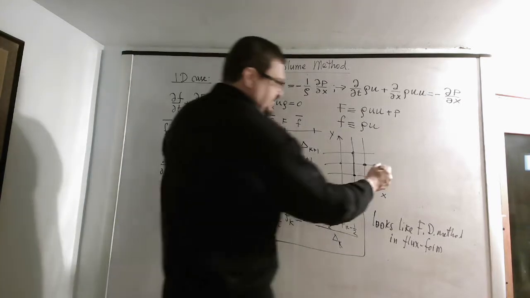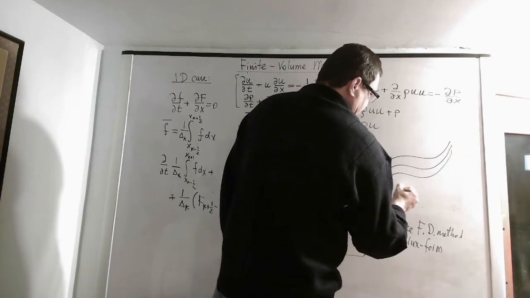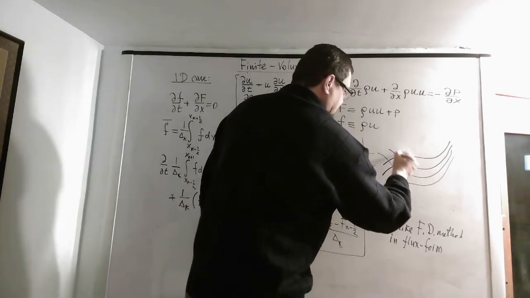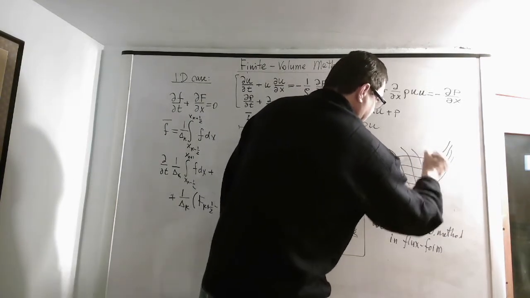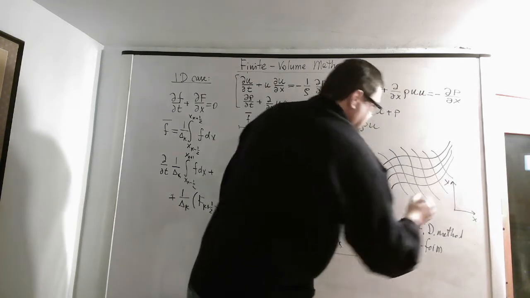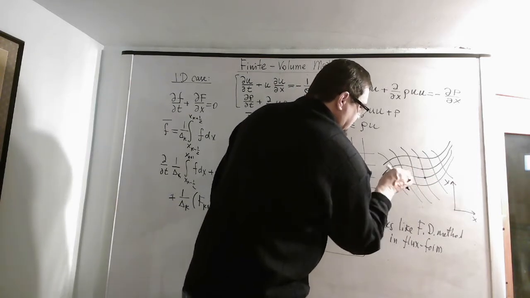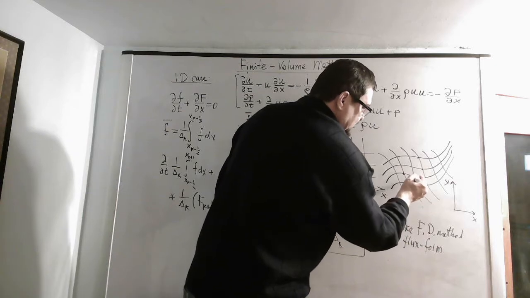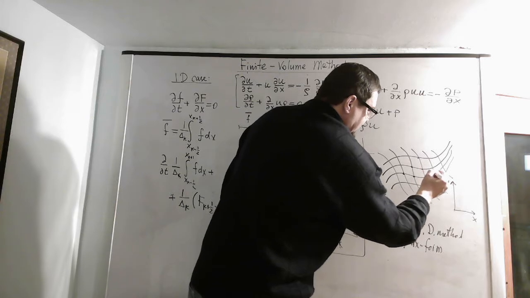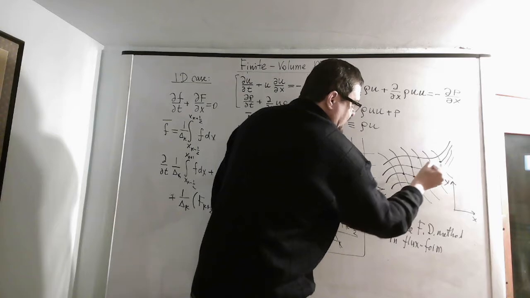But what if you have a grid like this? You have to model some flow in a channel or something, and you have a grid like this. Your coordinate system is still like this, but now it's not clear. You cannot compute clearly, say, what the derivative in x is here. The x direction at this point is this, and y is this, but you have points here and here.